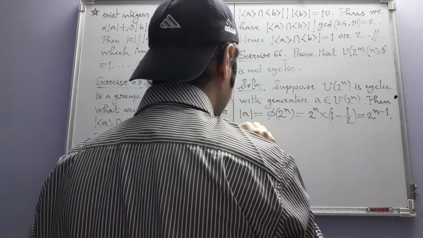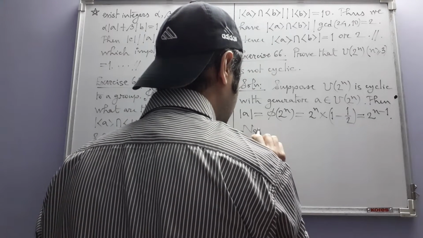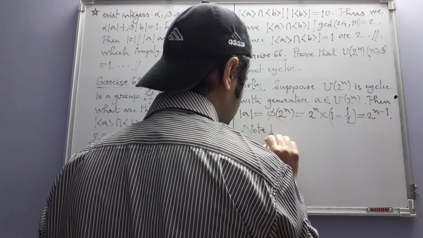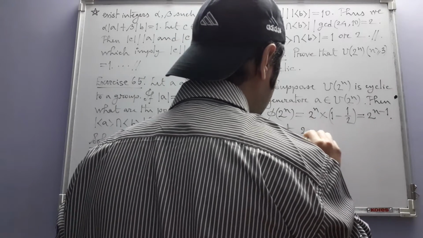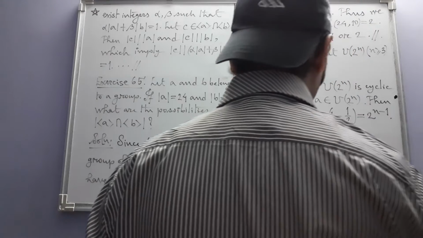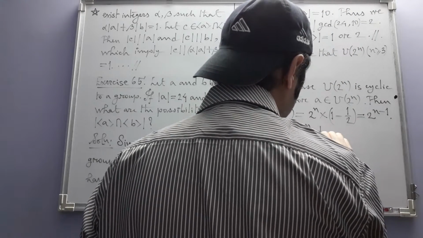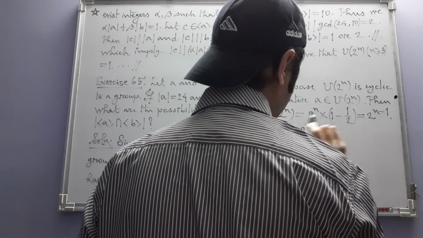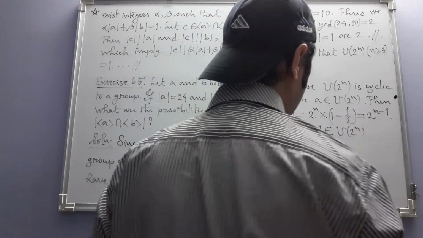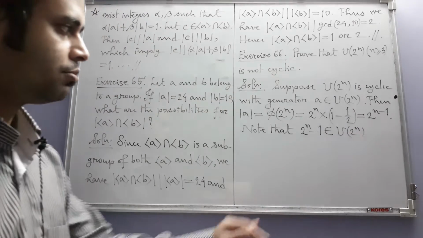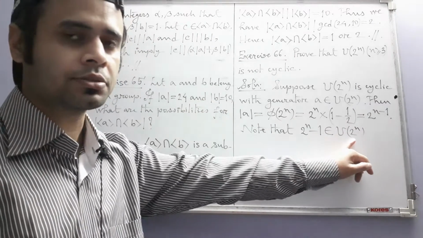Note that 2 to the power n minus 1 belongs to this. How do we know that this integer belongs to this?